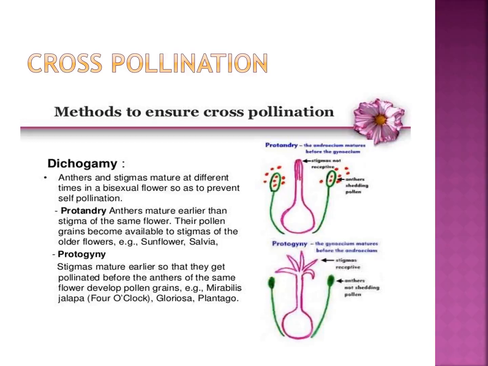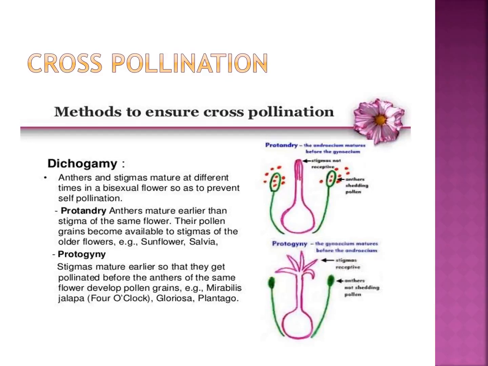What are the characters of pollination? It occurs in spermatophytes, some gymnosperms and angiosperm plants. Different types: first of all, dichogamy.